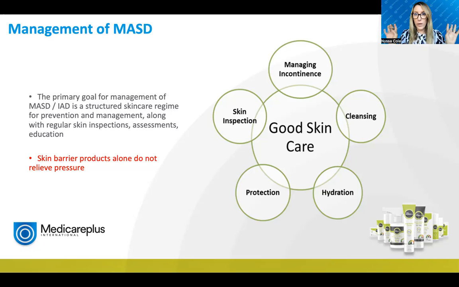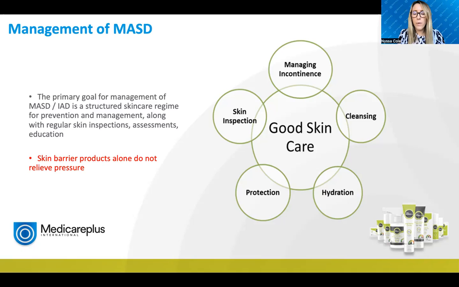And when we know that we're doing absolutely everything that we can, then it's about implementing a really good skincare regime. And I'll just say here that barrier products and skincare alone will not prevent pressure ulcers. I hear this quite a lot, in that people will use the cream on the pressure ulcers.